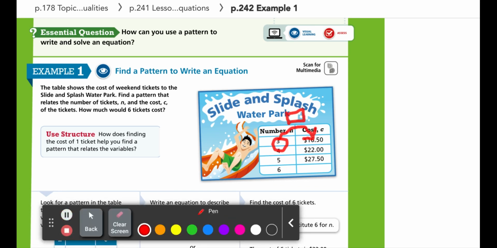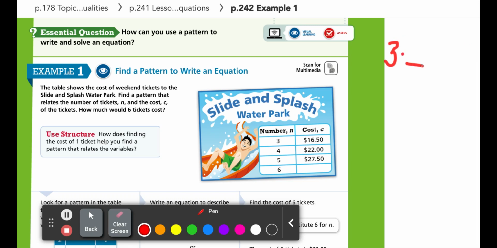So let's write an equation. 3 times some number is going to equal $16.50, 16.5.